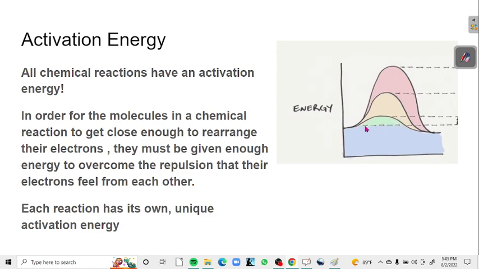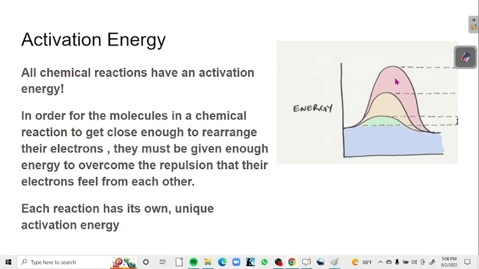This bump is smaller than this one right here, and this one is smaller than the one right here. So that means that the blue one, this reaction represented by the blue color right here, requires less energy than the one represented here with the peach color. And the pink one requires a lot more energy to get started, more activation energy.